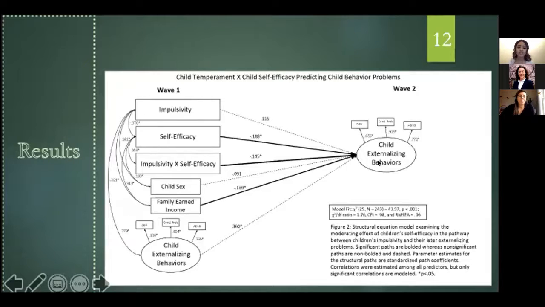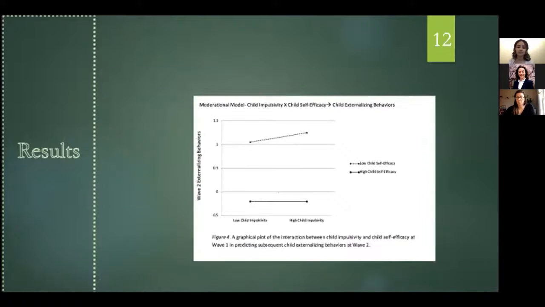To better understand this interaction, we also conducted a simple slope analysis of impulsivity for children high and low in self-efficacy. As you can see by this plot, impulsivity was significantly associated with externalizing problems only for children low in self-efficacy, but not for children high in self-efficacy.